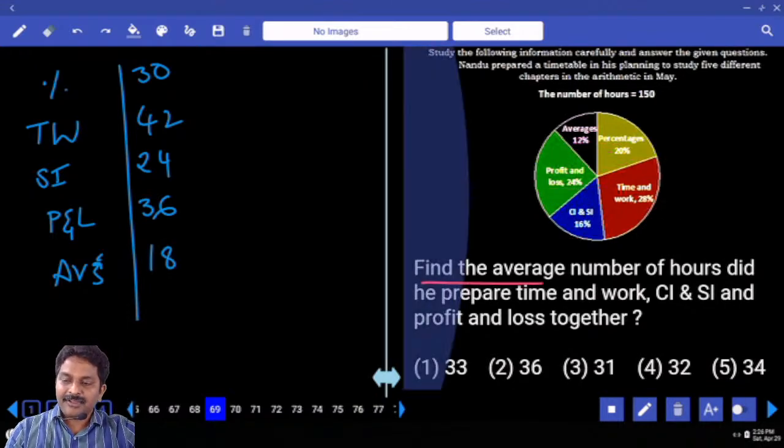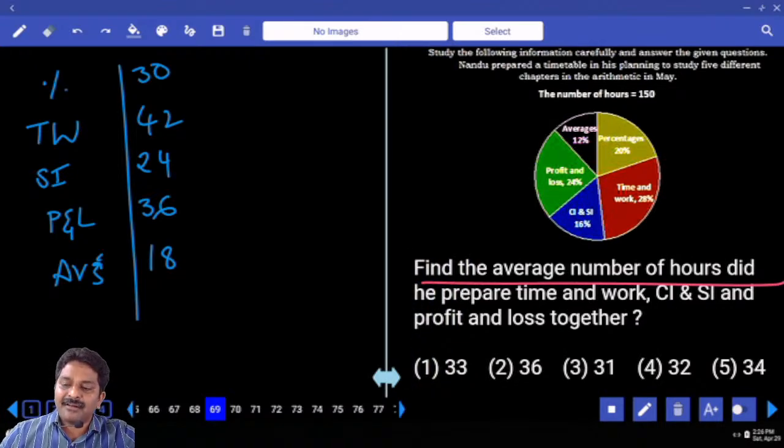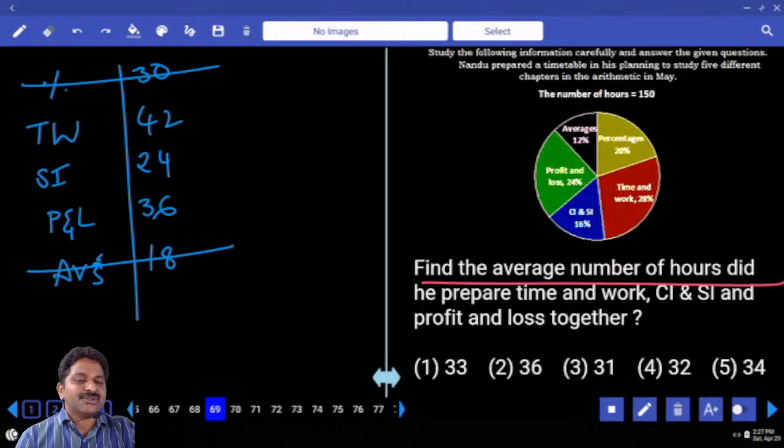Find the average number of hours he prepared time and work, simple and compound, and profit and loss. That means except for averages and percentages. Except these two, for the remaining we need to calculate the average, right?